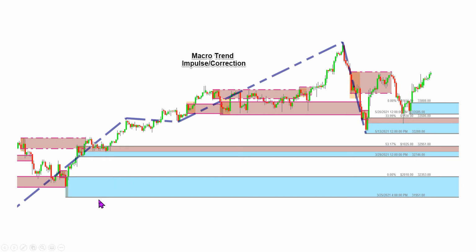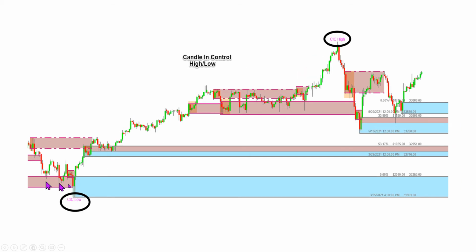On the more big picture, the macro trend, we have the impulse and correction that you can see here. And we also have the marking of the CIC low and high. That's the candle in control low and high.